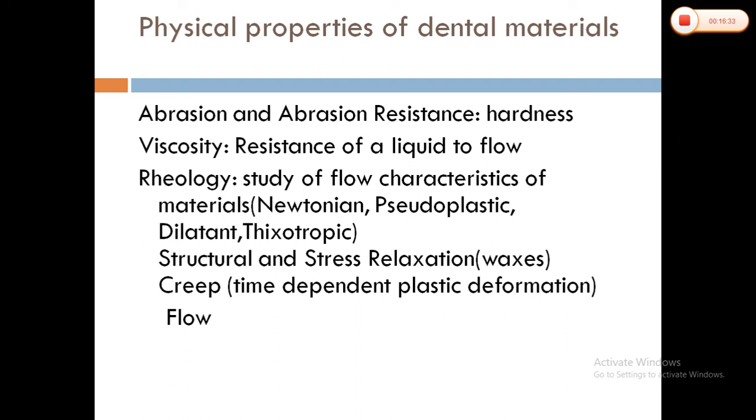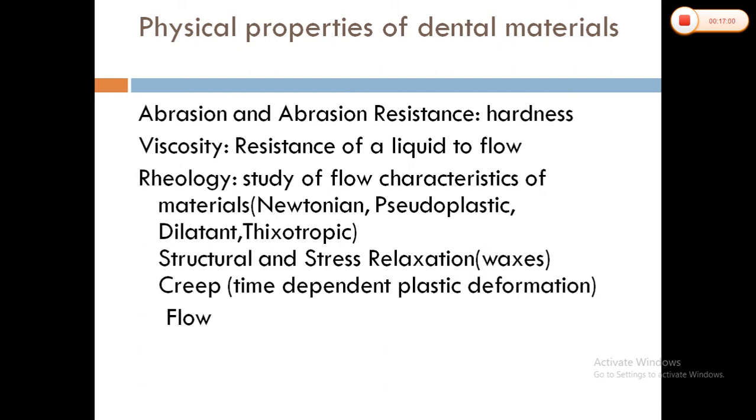Again, here in basic properties, you will be learning about physical and mechanical properties of dental materials. Physical properties like abrasion and abrasion resistance. This property is primarily determined based on hardness of the material.